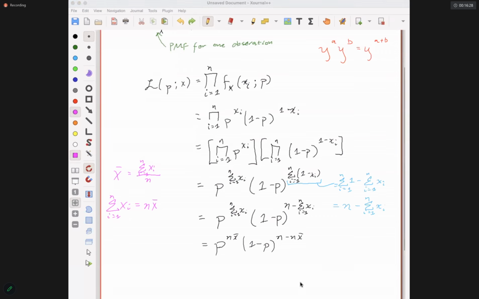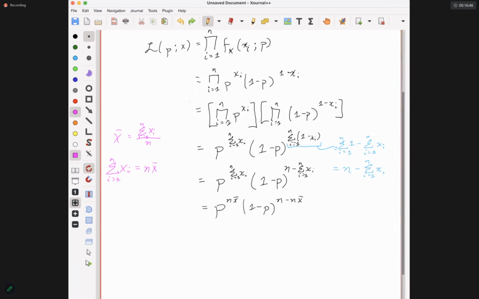Okay. And so the next step, now that we have the likelihood function, is to take the log likelihood, because whenever you can take the log likelihood, in the vast majority of cases, that's going to make it easier to maximize.